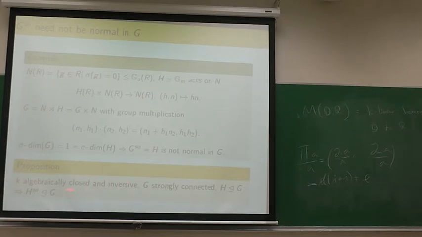So you assume that K is algebraically closed and inversive, where inversive means that sigma is an automorphism. Then if G is strongly connected and H is a normal difference algebraic subgroup of G, you can show that the strong identity component of H is normal in G. In particular, it's normal in H, but it's even normal in G.